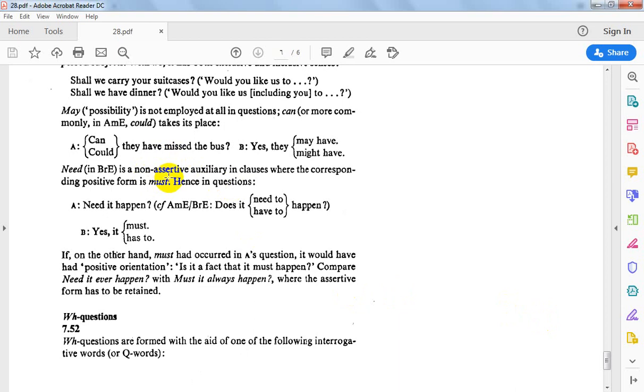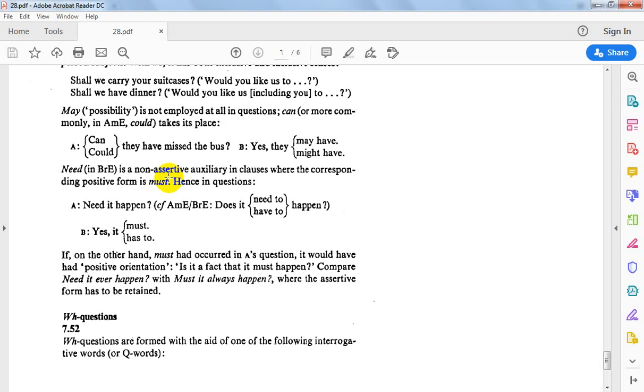Need in British English is a non-assertive auxiliary in clauses where the corresponding positive form is must. Hence, in a question, need it happen? If you remember, need and dare are among the marginal verbs. Sometimes I use it as a main verb, sometimes as a modal verb.